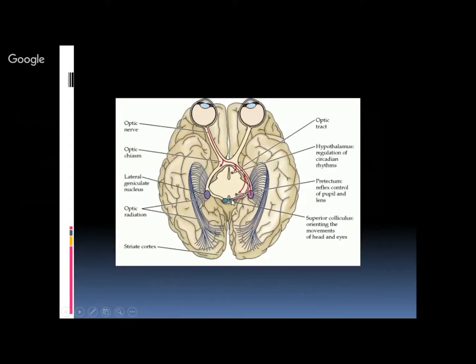Right here's the superior colliculi, and this one is the lateral geniculate nucleus. Radiations go back this way. This is important because oftentimes in temporal lobe strokes, you'll involve this particular radiation, so you can see some partial blindness. Usually it's the lower quadrant.